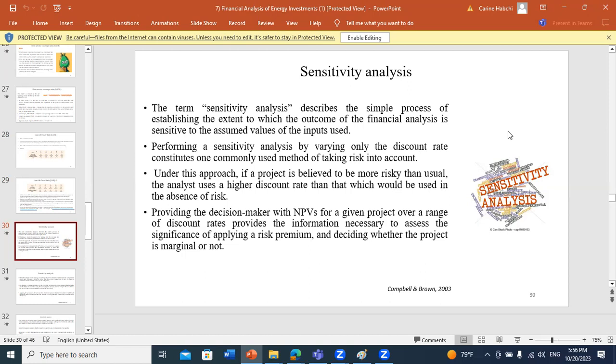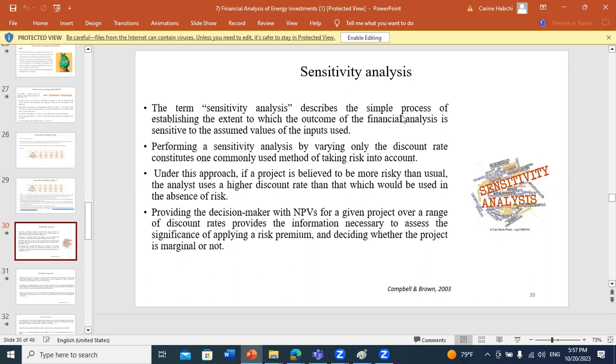Which is, if you want, similar to the approach of calculating the internal rate of return, because calculating the internal rate of return will allow me first to determine a certain range of discount rates I can work with. So if I have a much larger IRR, this will make my project favorable to different investors, because the larger the IRR, this means that I can propose my project to investors that expect to gain a lot.